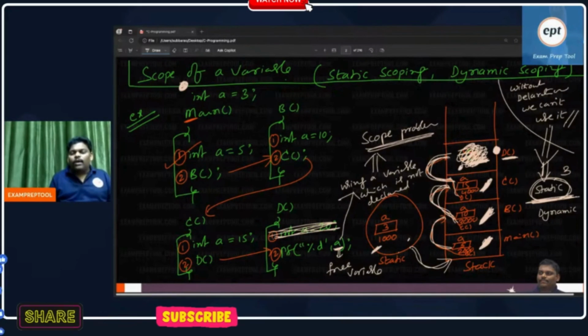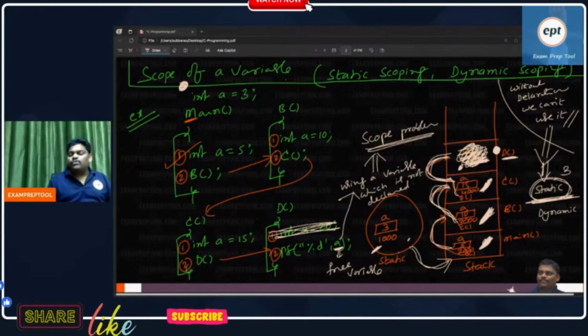If no local, you go to global, is it right or wrong? I want an answer. In C language, right. In some other language, it is wrong.